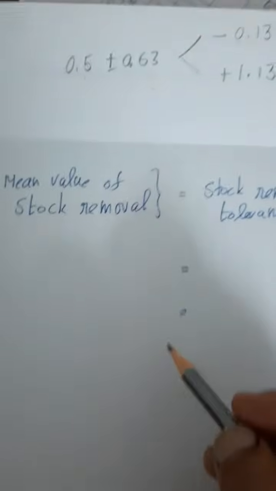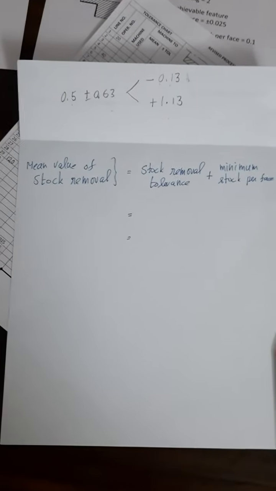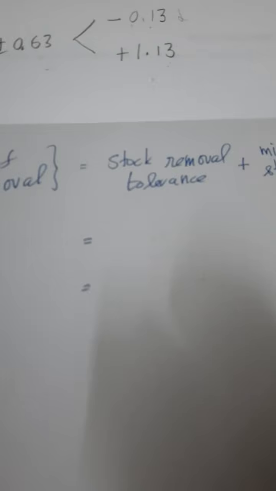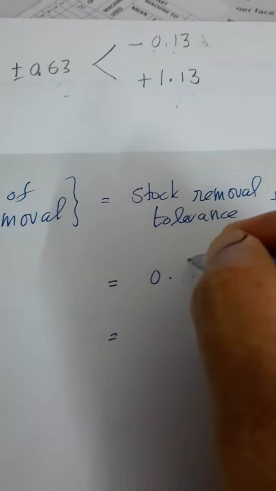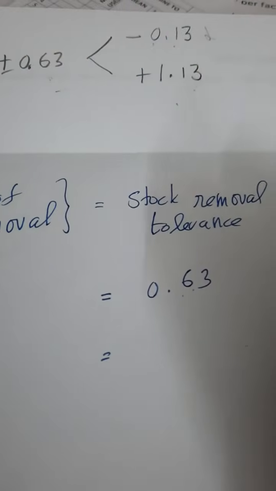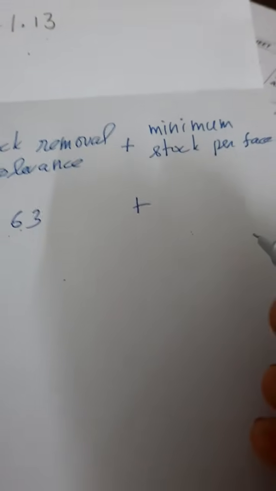This formula you are going to use. Are you able to see this formula? For line number 8, the stock removal tolerance we have found is 0.63. Then the minimum stock for line number 8.